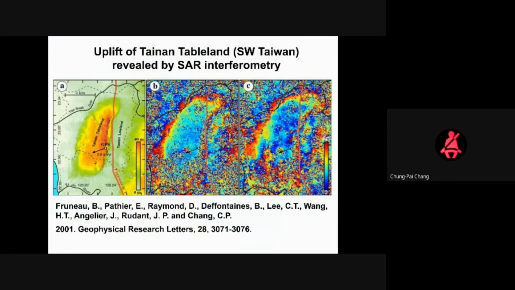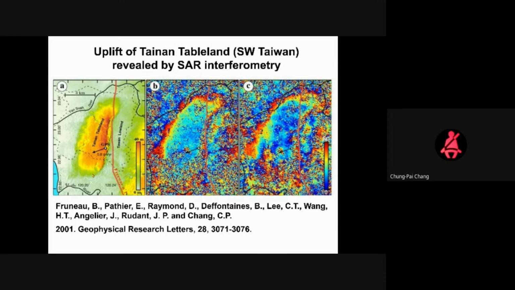Okay. So, this technique has also been applied to the Taiwan area since just after that, and we published our first paper on the Tainan area. Tainan is a big town in southern Taiwan and located on a tableland. And since many years ago, the geologists think that this area is still active.